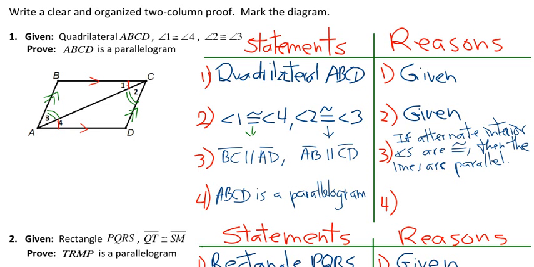And the reason is theorem number 1 on the table, which says that if both pairs of opposite sides are parallel, then the quadrilateral is a parallelogram.